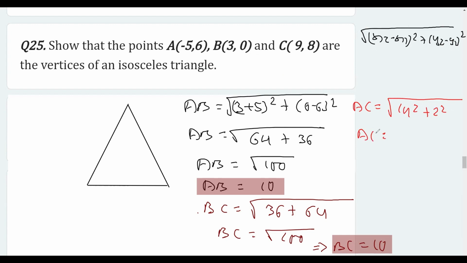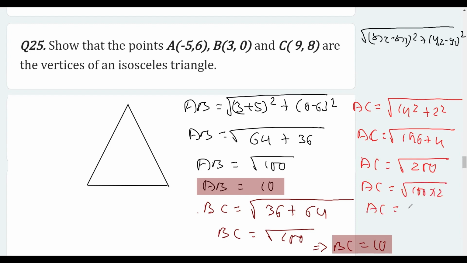So 14 square is how much? 196. This is 196 plus 4. So AC is root 200. I can split it as 100 into 2, and square root of 100 is 10. So it's 10 root 2.